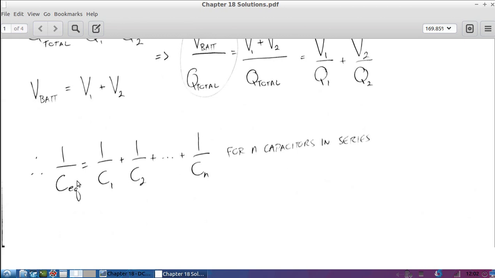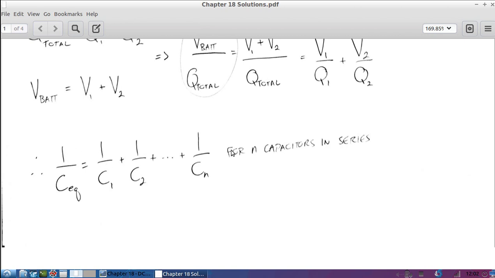Now the reason I write it like this is because when I add up these 1 over C's, I'm going to be left with farads in the denominator, right? And that's going to remind me that I have to flip the fraction. This is a common thing. We tend to forget this a lot. I have to flip the fraction. So once I add all of these, I still have the inverse of the equivalent capacitance.